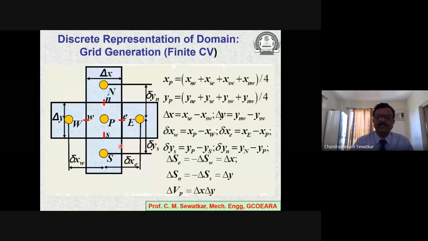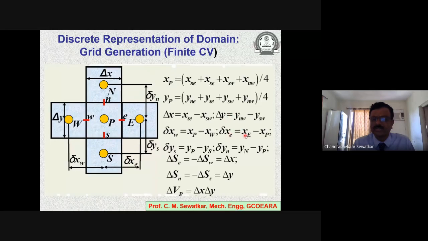As I said, I also need to determine the distance between neighboring cell centers. For example, the distance between capital E and capital P is delta xc. This delta xc can be determined because I know x E and I know x P, which I have determined here. By using these expressions, I can determine the x coordinates of all the cell centers. Once I know them, I can take the difference between two and find the distances between neighboring cell centers.